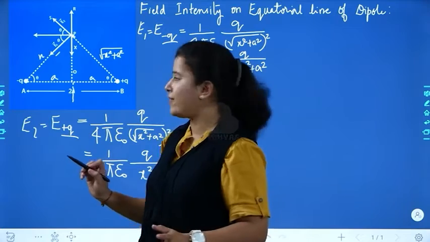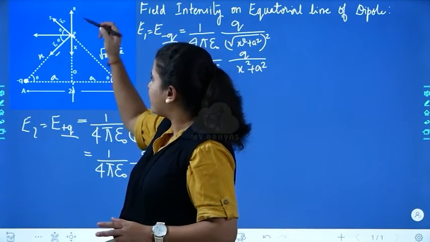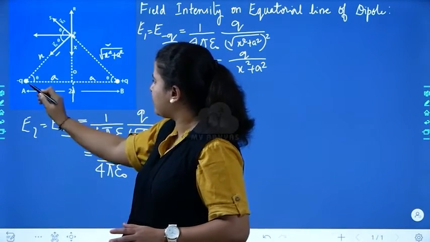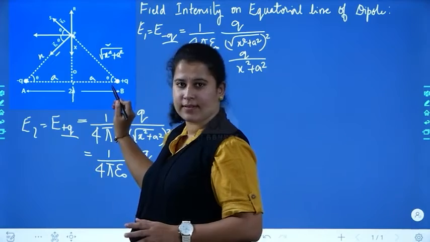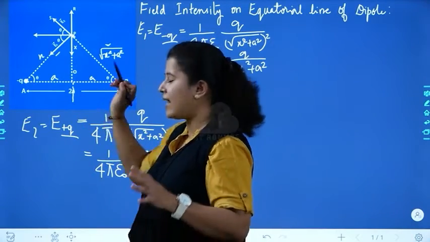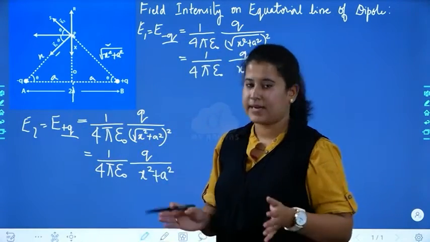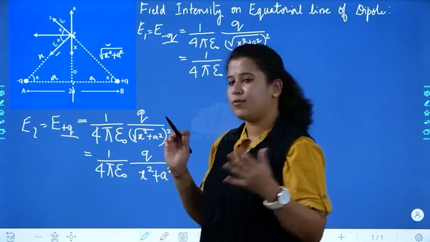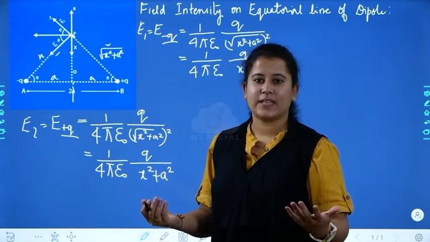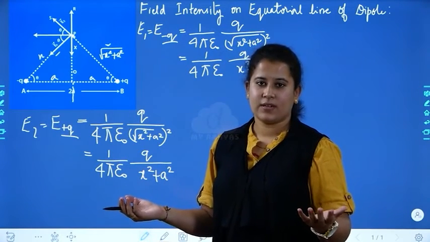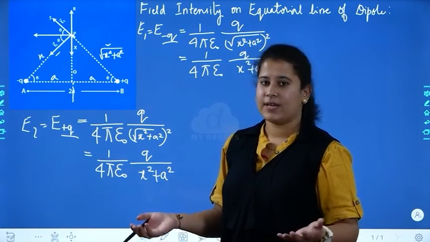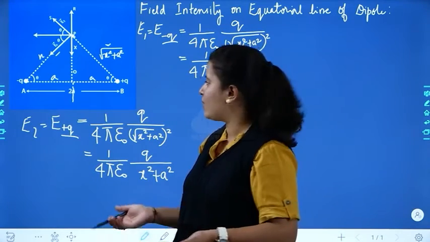So if I have to find out the resultant, for example, this line is parallel. If this line is parallel and the magnitudes are the same, that is this side and this side are both the same, then which type of triangle is it? It is an equilateral triangle, right?